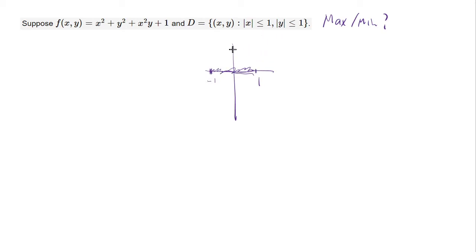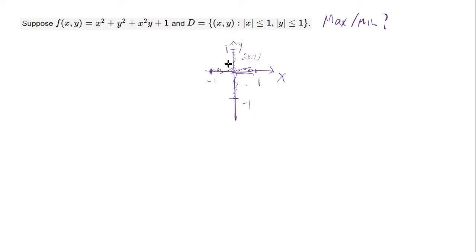The same thing applies for y. The absolute value of y being less than or equal to 1 means y must be between negative 1 and 1. Then you're collecting all the points whose x and y values satisfy this. It can be any point here, because if you have x comma y, your x coordinate will be between negative 1 and 1, and your y coordinate will be between negative 1 and 1 also.